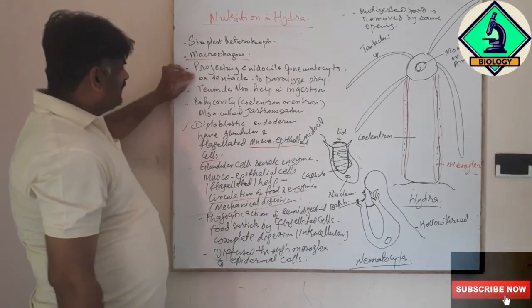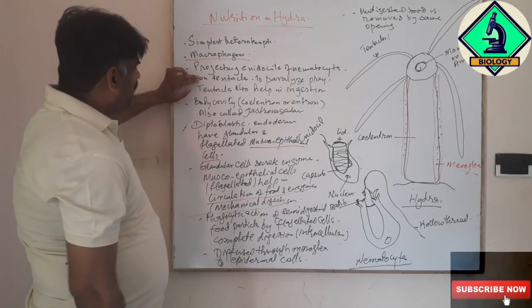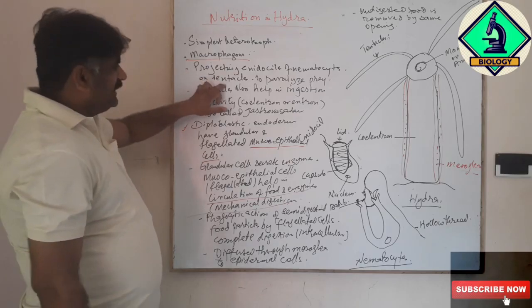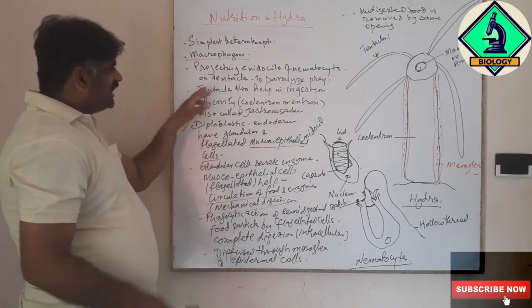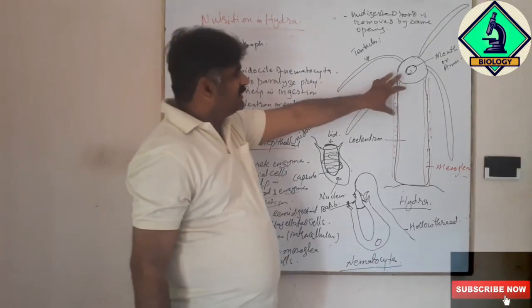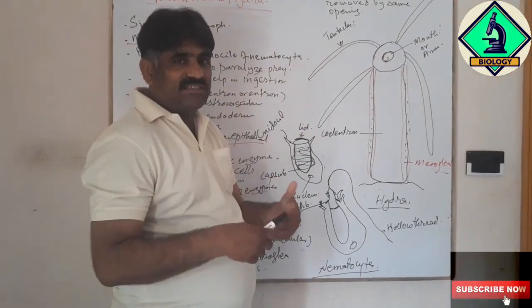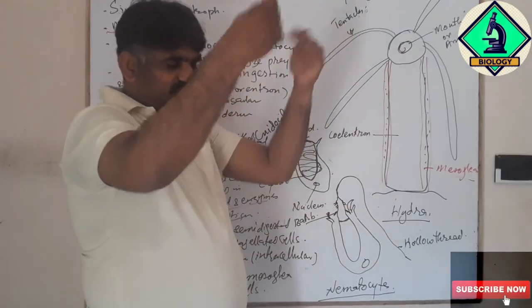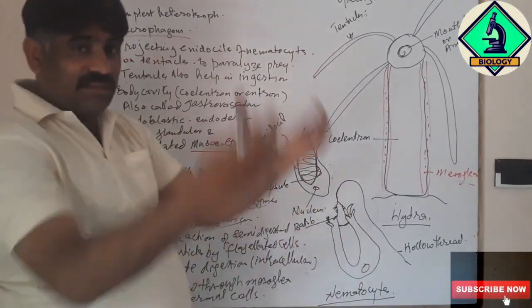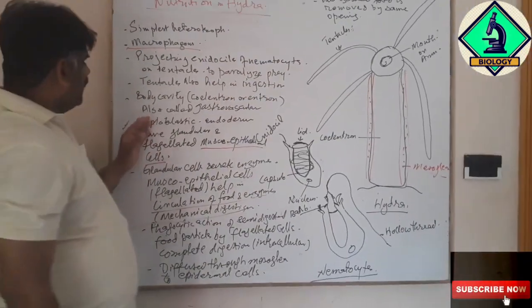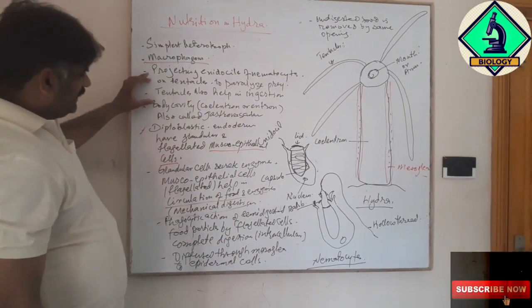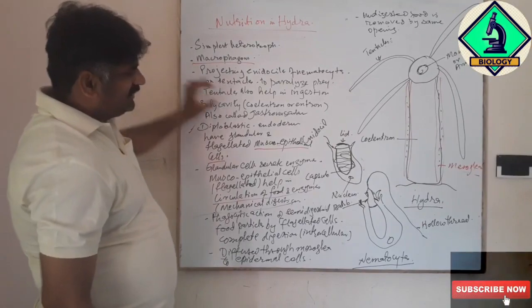Now you see that these cnidocytes or nematocytes are present on the tentacles, which help to paralyze the prey. Tentacles also help in the feeding process, engulfing food inside the enteron cavity.